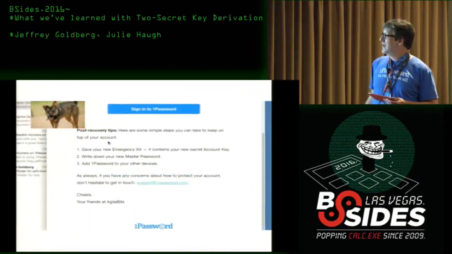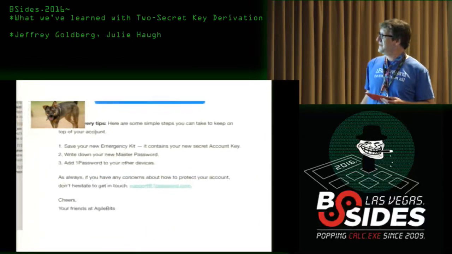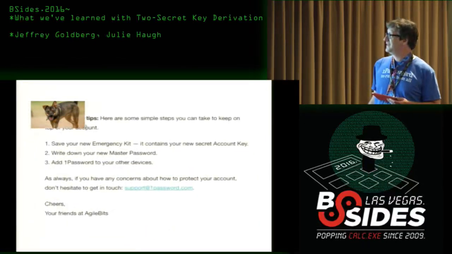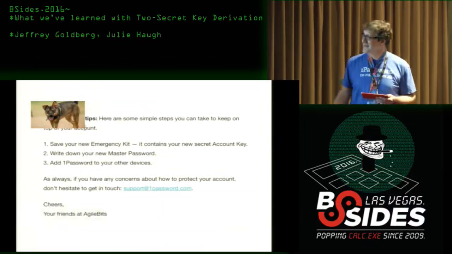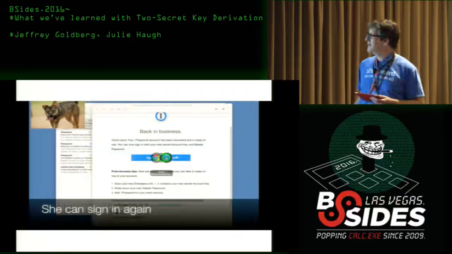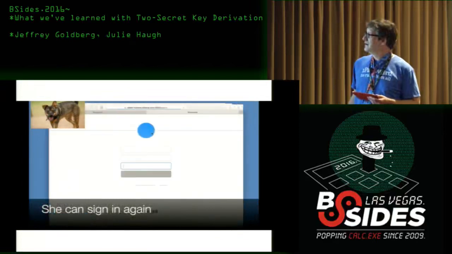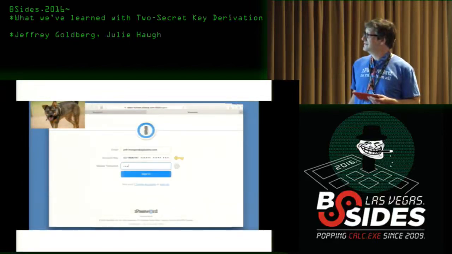And so now back in, she gets some tips to not have to go through this again. Save your emergency kit. Write down your master password. Join things in new clients.